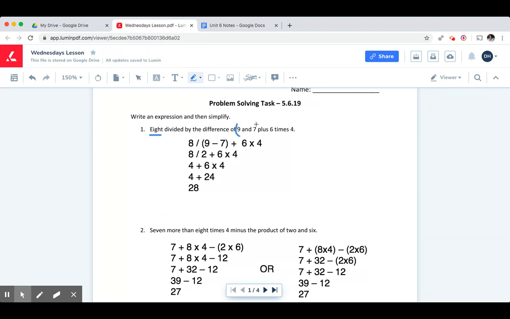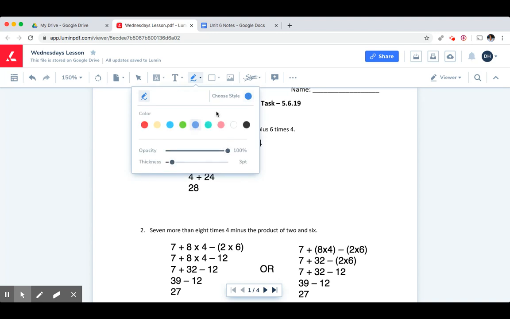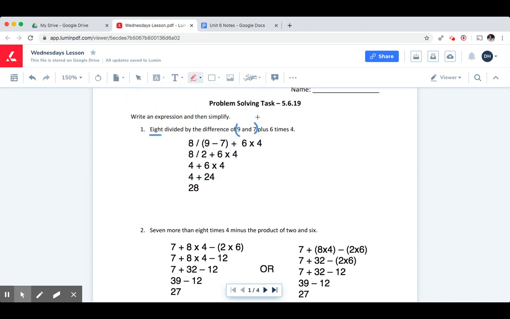So I'm going to make sure that 9 and 7 are in parentheses. And then I see the word plus, which tells me that we are going to be doing addition. And then I see the word times, which tells me that we would be doing multiplication. So based on those keywords, I know the operations that are going to be happening in my expression.